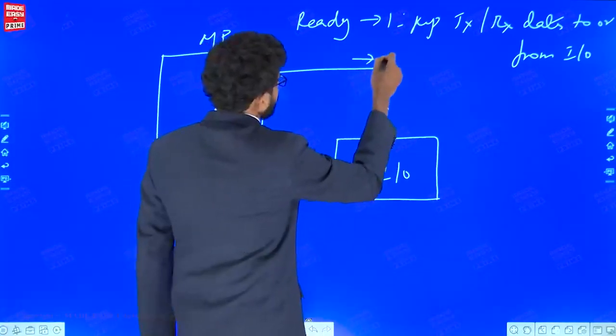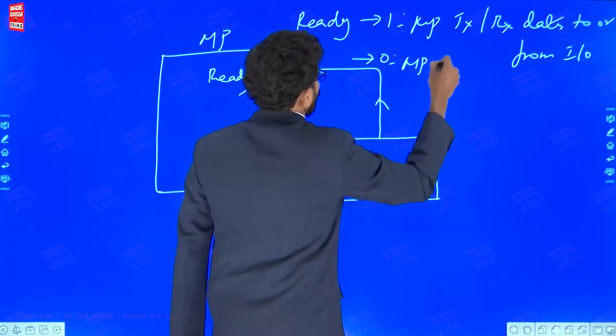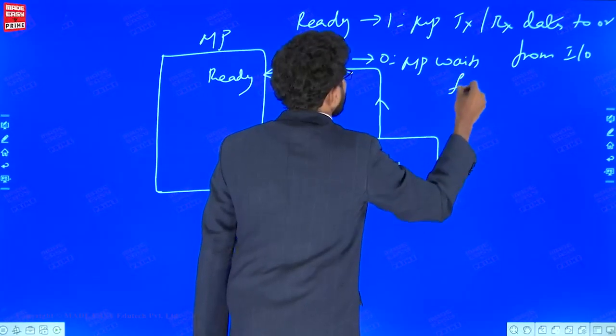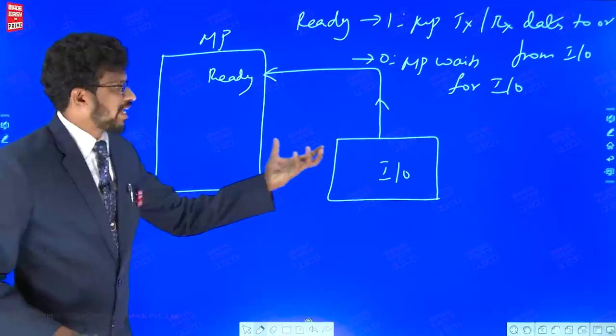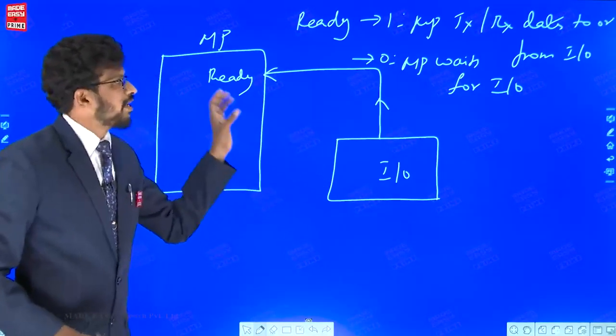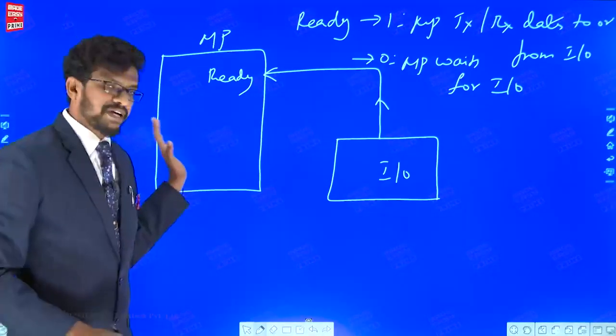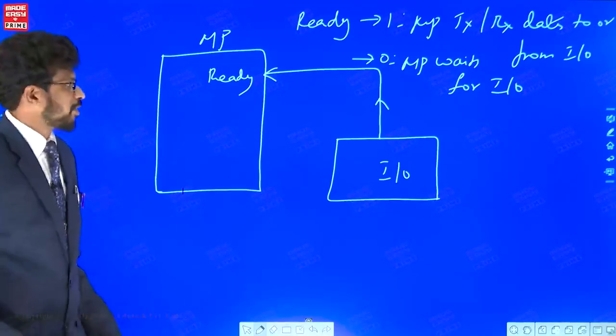Similarly, when ready is 0, the processor waits for the IO, because the processor is not communicating with a high speed device, it is slow speed. That is why when ready is 0, the processor will wait until the device is ready. That's the purpose of ready.